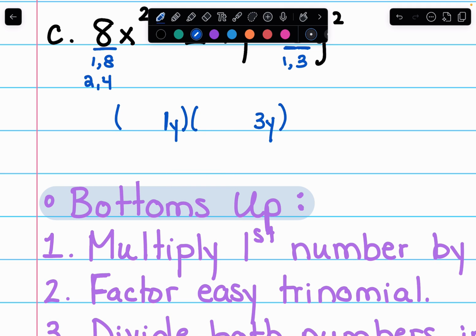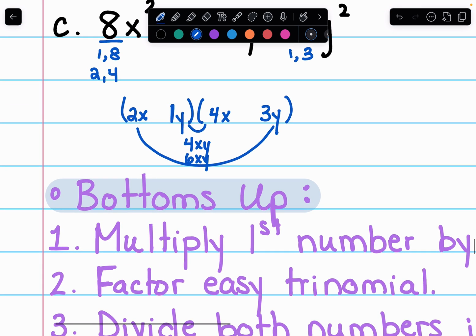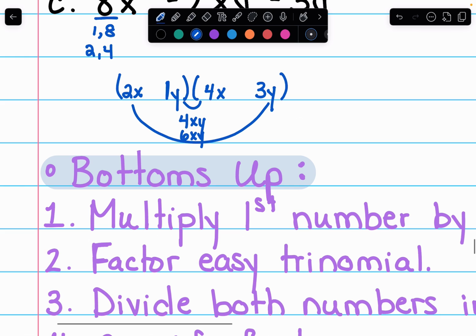If I flip them and I put 2 and 4, I get 4xy and 6xy. I need that to add to give me a -2. So I would put the negative on the 6, right?